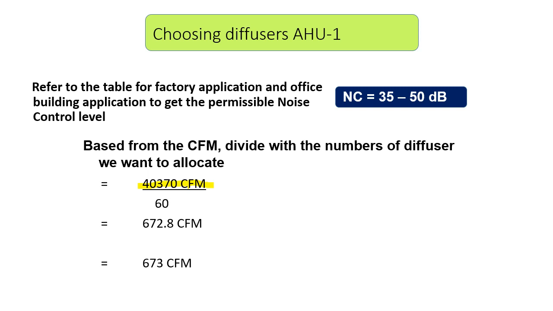Let's say we want to use 60 diffusers for the factory space. Then we will have about 673 cubic feet per minute per diffuser. And please remember, do not exceed 50 decibels, the noise control level.